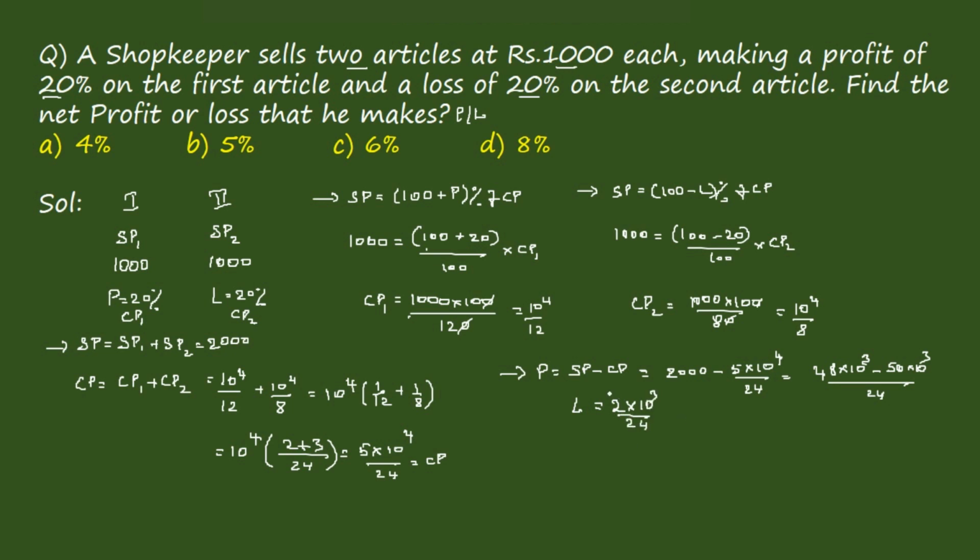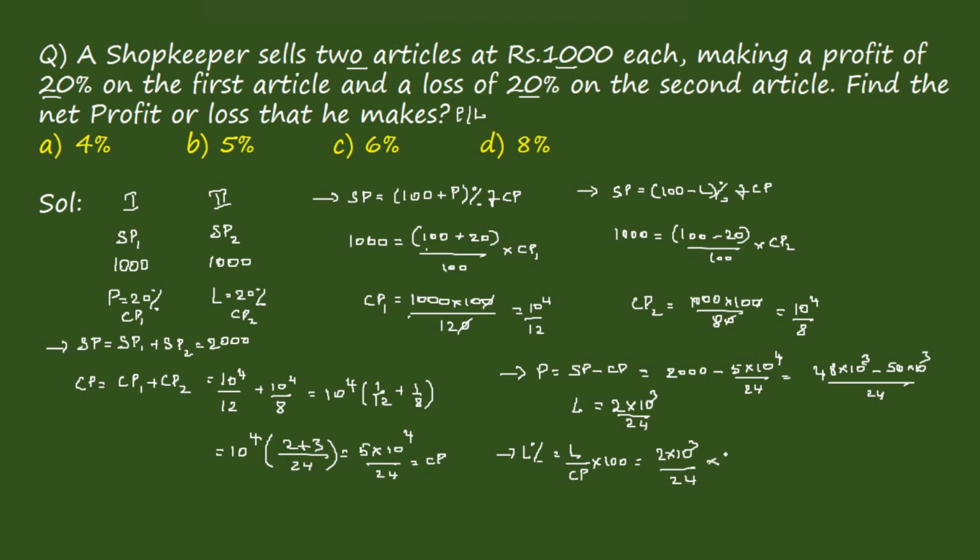Now we have to find the loss in terms of percent. You know that loss percentage is equal to loss by cost price into 100. Which is equal to loss, we get as 2 into 10 power 3 by 24, and 1 by cost price is given here.